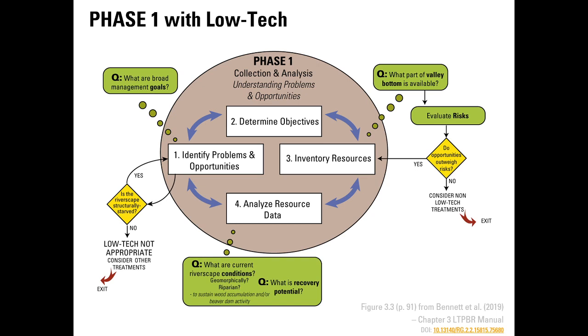How much of the valley bottom is available for restoration given certain constraints or risks that are present in that area. And we may decide as we go through this process that low tech isn't appropriate for a variety of reasons, but during this phase we're sorting through some of that. And so I encourage you to continue watching the rest of the videos to learn more about phase 1, the planning process.